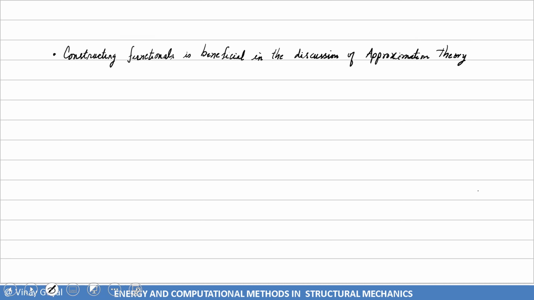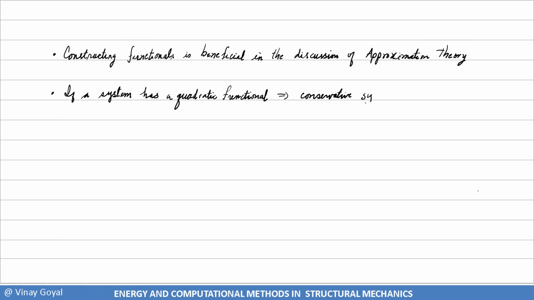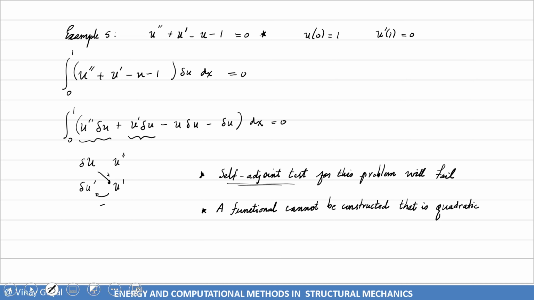I'll make a few more points when I cover it. If a system has a quadratic functional, the resulting, well, basically it's going to be most likely a conservative process, a conservative system. In this example, you may find that this is not a conservative system if you went through it.